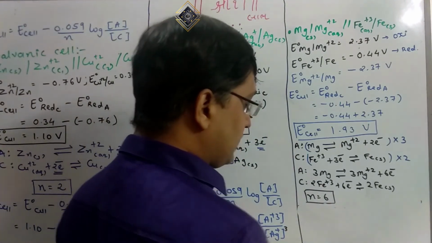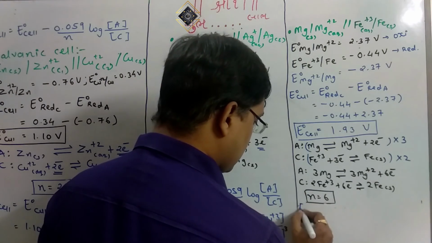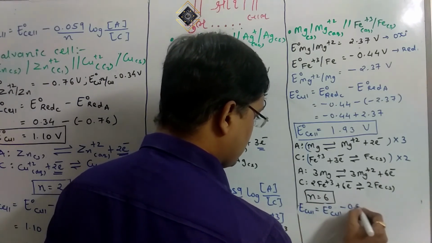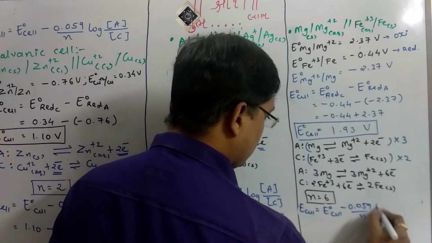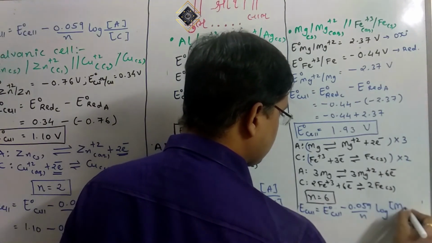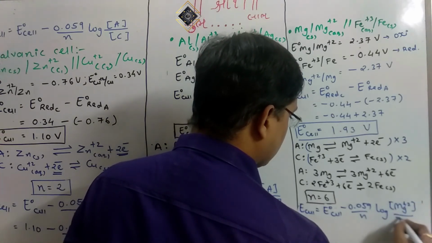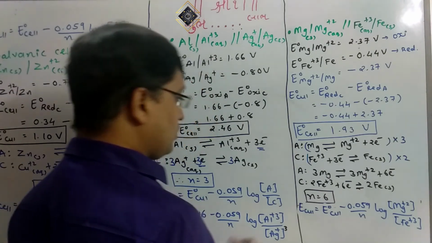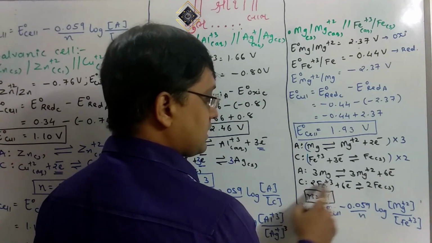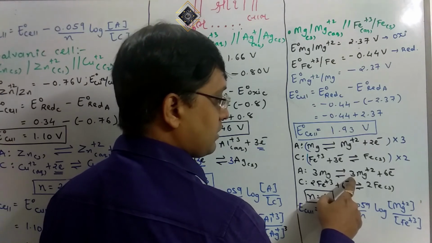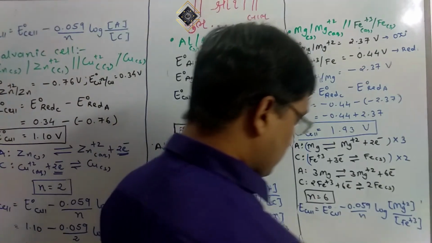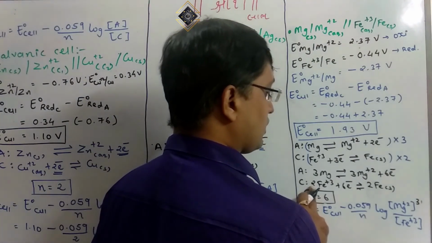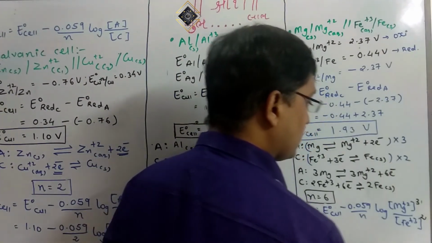So we have the formula of the Nernst equation: E cell equals E0 cell minus 0.059 upon n log of anode, Mg plus 2, upon cathode, Fe plus 3. As I told you, the stoichiometric coefficient is the power of concentration. Here the stoichiometric coefficient of Mg is 3, so Mg plus 2 is raised to 3, and for Fe plus 3 the stoichiometric coefficient is 2, so it is raised to 2.